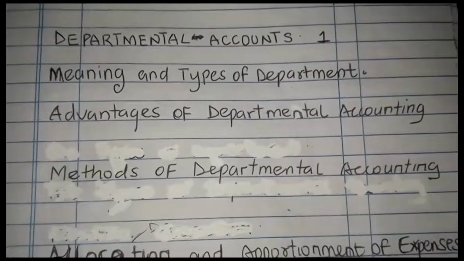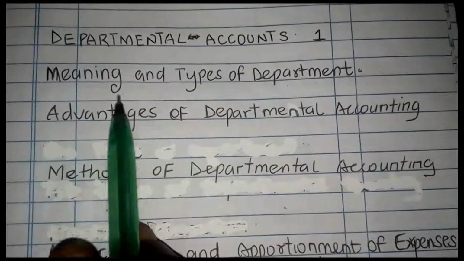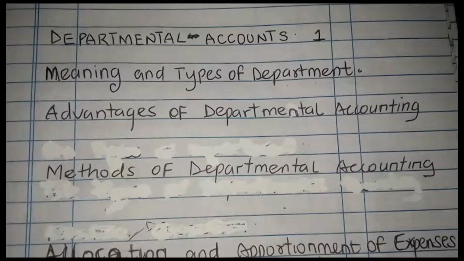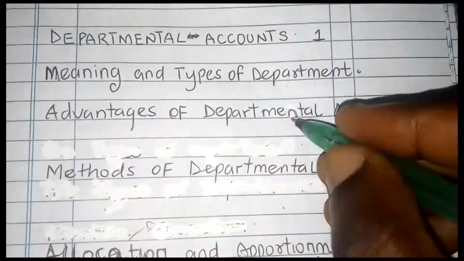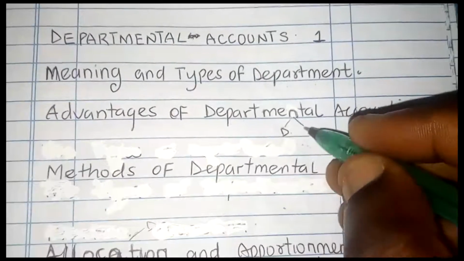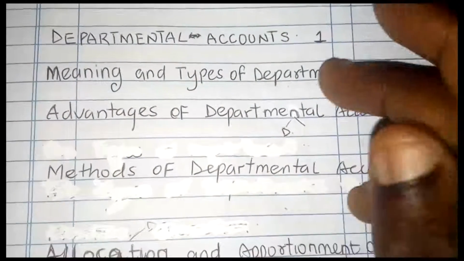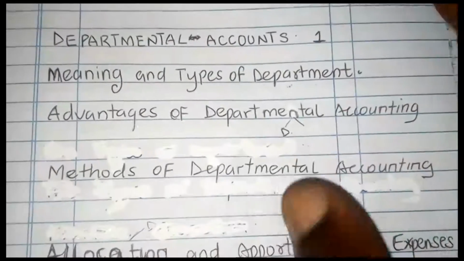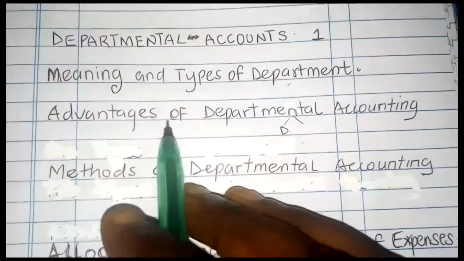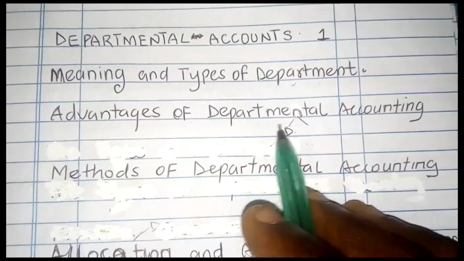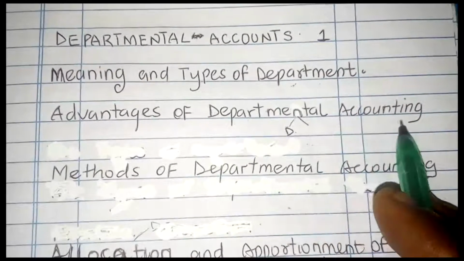In the last class, you saw the meaning and the types of departments. The types of departments are dependents and independents. You also saw the advantages. I explained the advantages of departmental accounting.